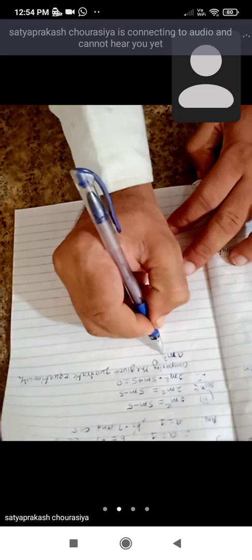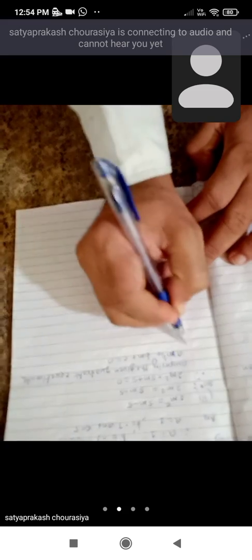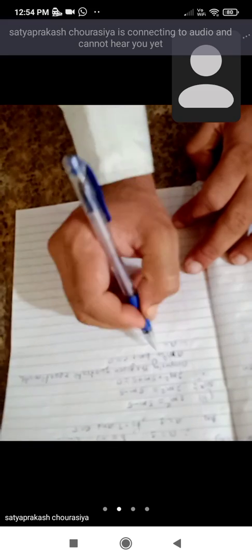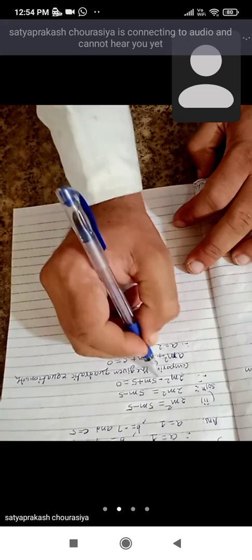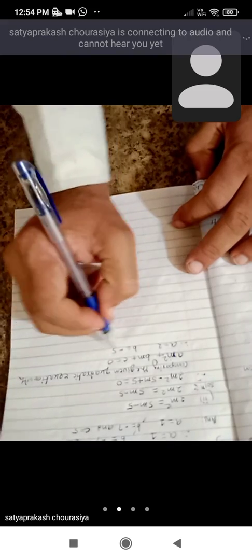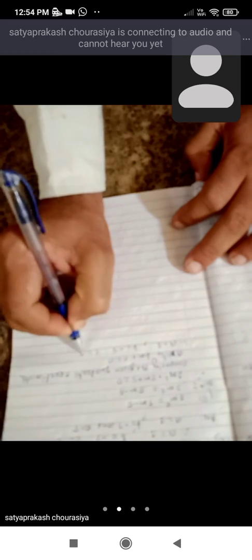A m square plus b m plus c is equals to 0. So therefore a is equals to 2 because the coefficient of m square is 2, and the coefficient of m is minus 5, and the constant term is 5. So c is equals to 5 here.